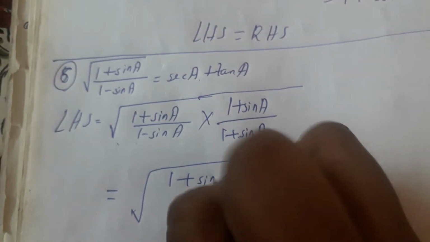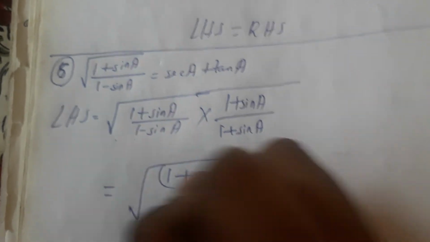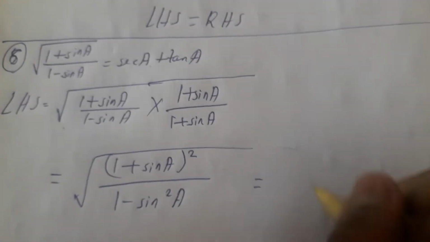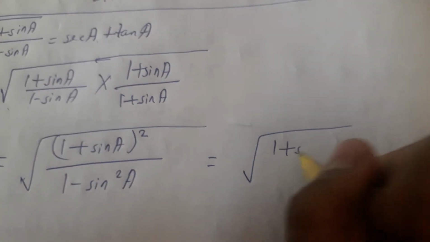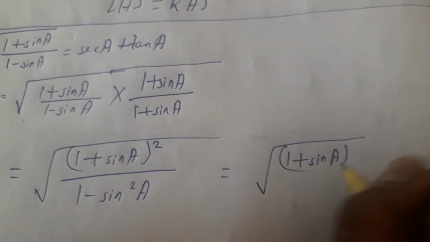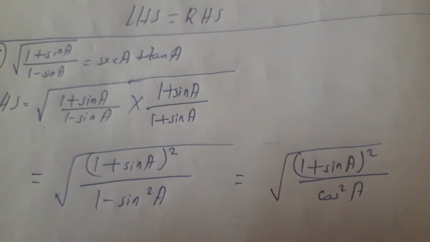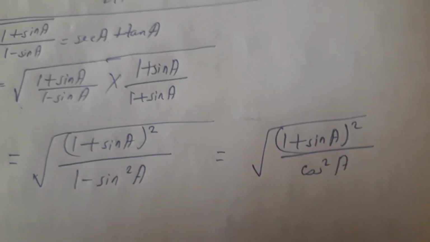Now see, 1 plus sin A whole square here, and here will be 1 minus sin square A. That is, you will get 1 plus sin A whole square divided by cos square A, from the identity sin square A plus cos square A is equal to 1.